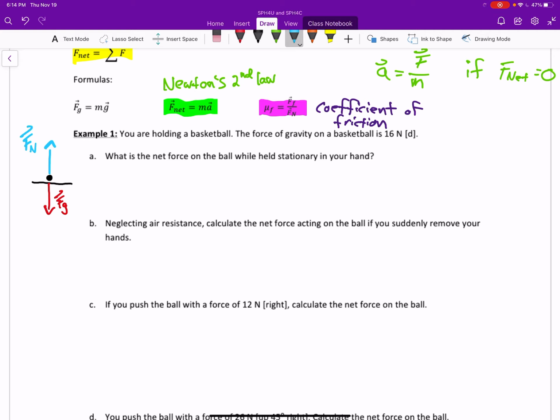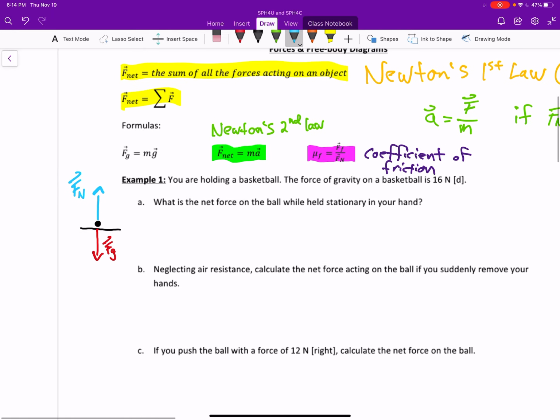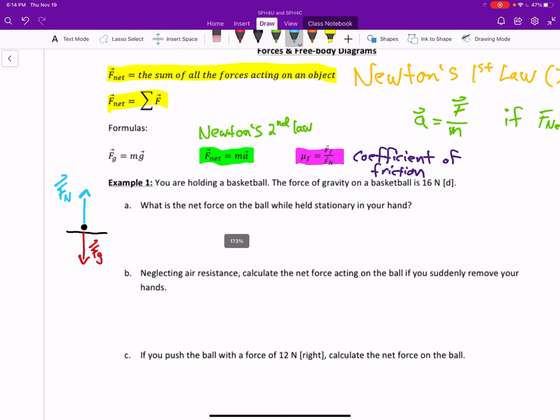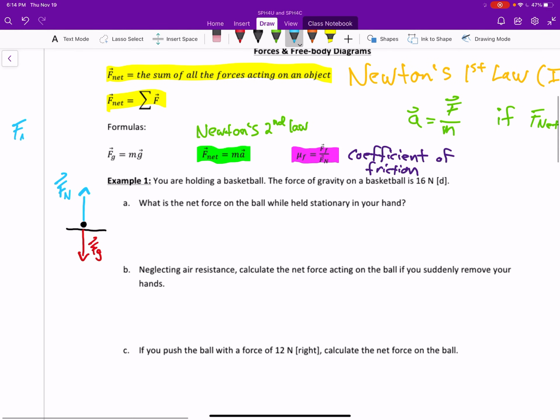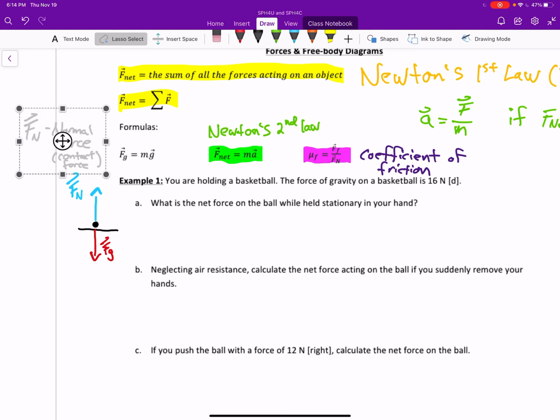Let me define the normal force, where F sub n is the normal force, and it's a contact force. That means that in order for a normal force to exist, an object has to be in contact with something else, right? And the normal force always acts perpendicular to a surface.